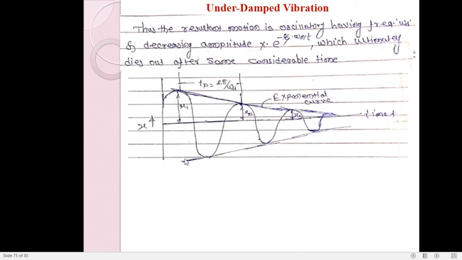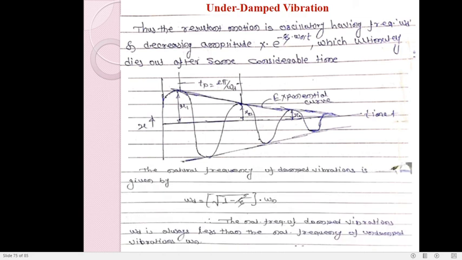And if you draw the line joining the apex of all these crests, you get a curve which we can explain as an exponential curve, so the displacement in underdamped vibrations decreases exponentially in each cycle.